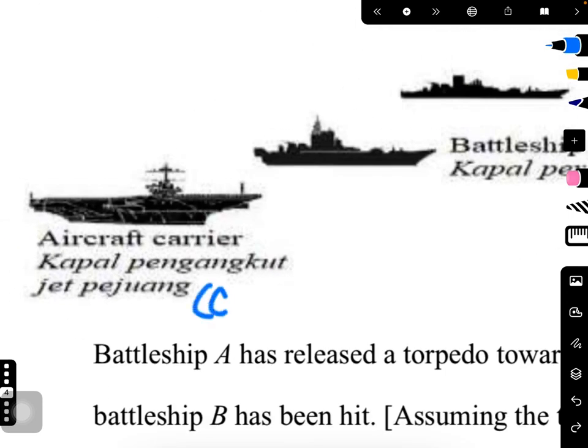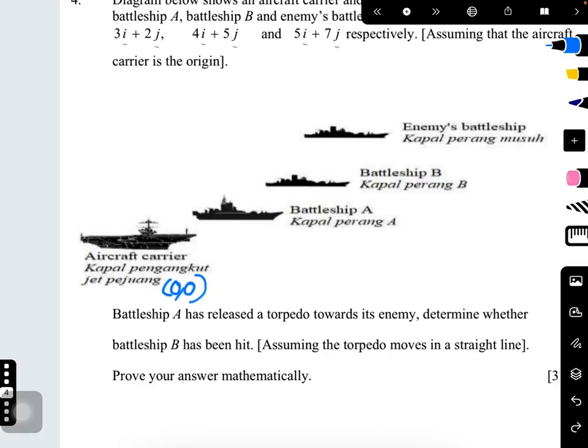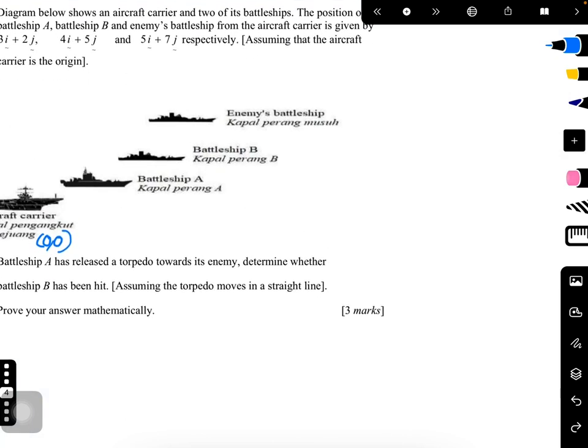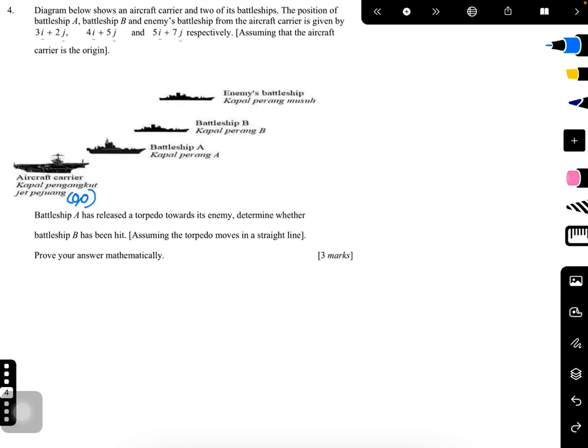Okay, this is 0, 0 because this is the vector in Cartesian plane. Battleship A has released a torpedo towards the enemy. Determine whether battleship B has been hit.